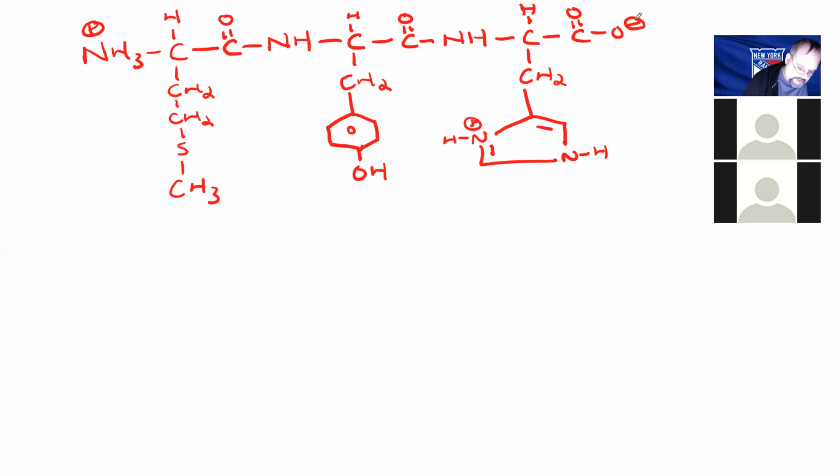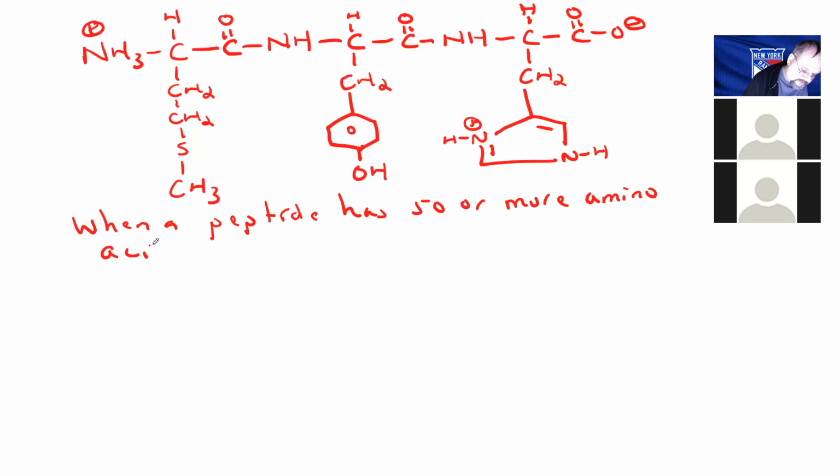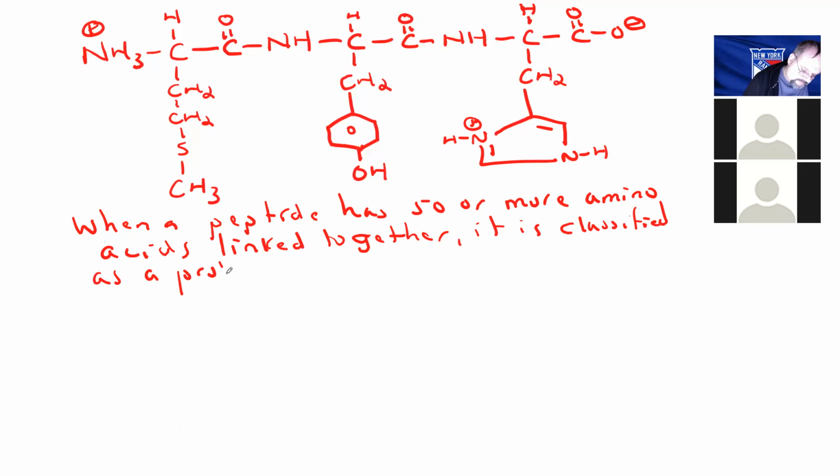Now, essentially, when a peptide has 50 or more amino acids linked together, it is classified as a protein.